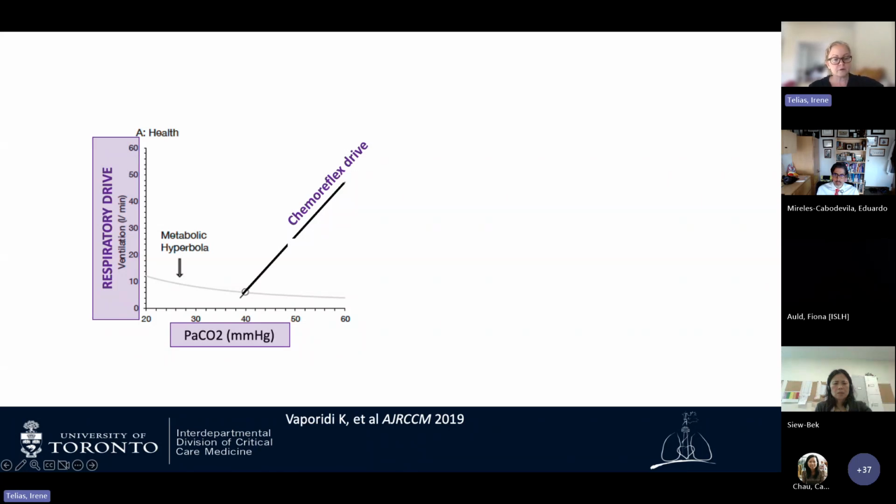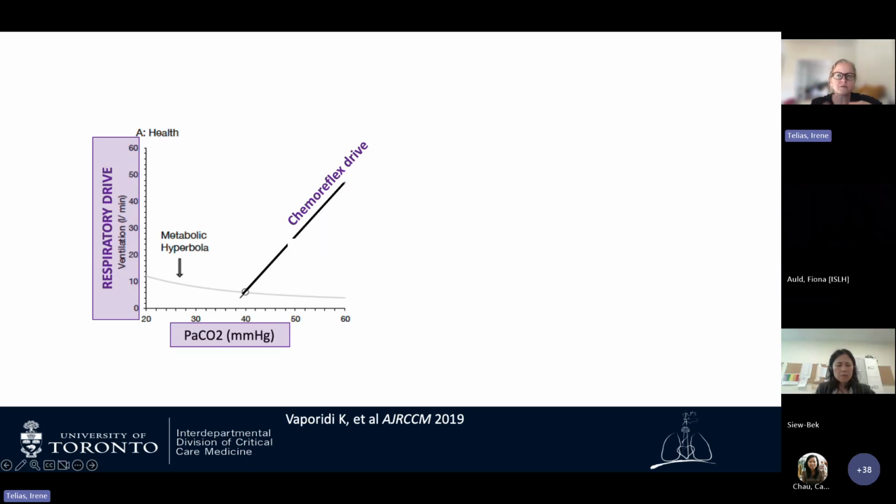In order to understand where our patient is standing, we can model it in a slightly more complex way. What is the patient's CO2 level versus what is the patient's exact respiratory drive, indirectly estimated by the magnitude of the minute ventilation?